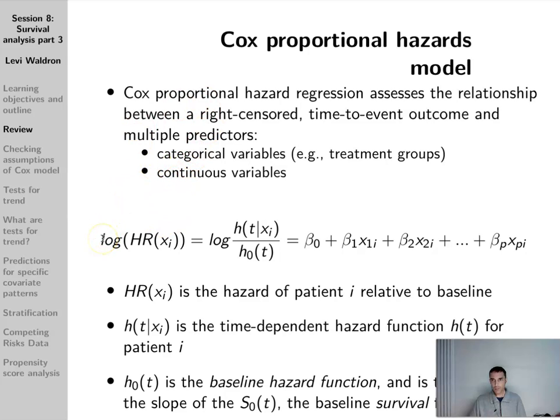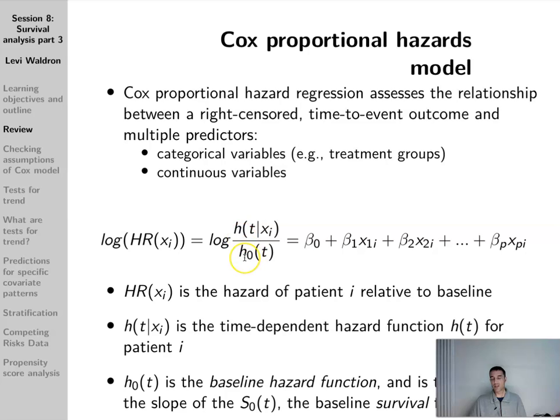The proportional hazards model looks like this. We're modeling the logarithm of this hazard ratio, and you'll notice this hazard ratio is a function of our covariates, but it is not a function of time. Now the hazard ratio is a ratio of these two hazards, the hazard which is a function of time conditional on the covariates divided by a baseline hazard function of time.